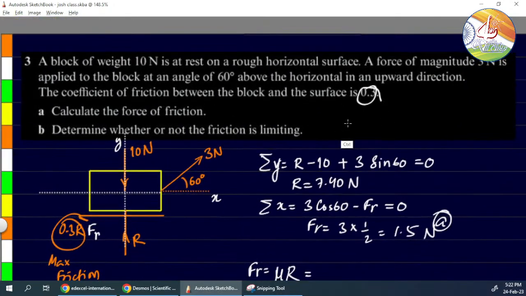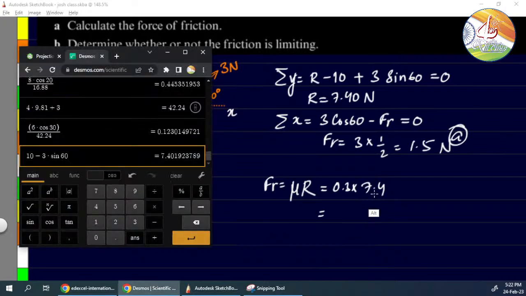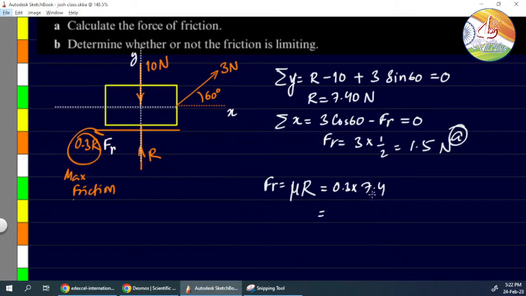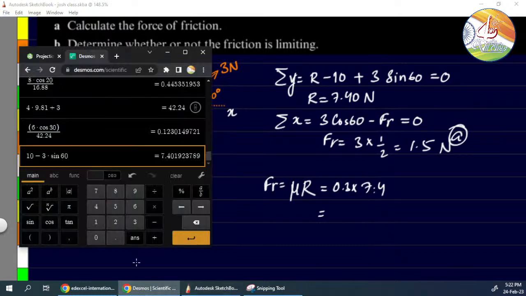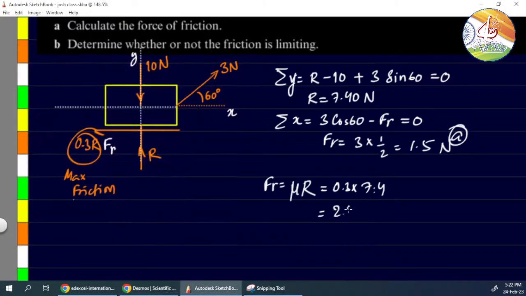Mu is given as 0.3. So 0.3 times R, that is 7.4. Multiply them, you will get 2.2 newtons.